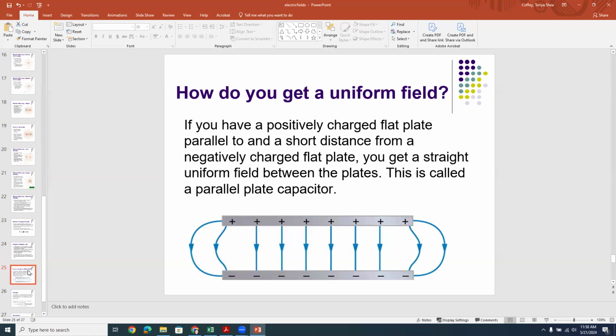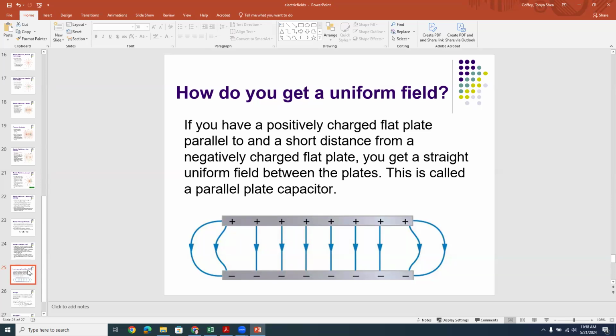And the way to make that happen is to have, now envision this in 3D, a positively charged flat plate above a negatively charged flat plate, and those plates are parallel to one another. Under those circumstances, you're going to have an electric field that points straight from the positive plate to the negative plate in that region in between the plates.